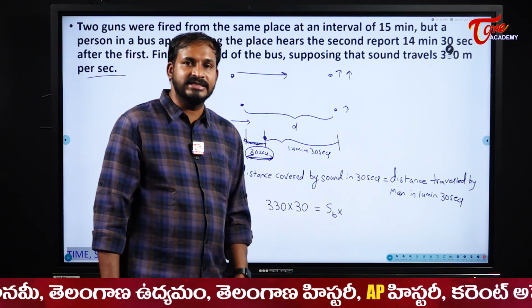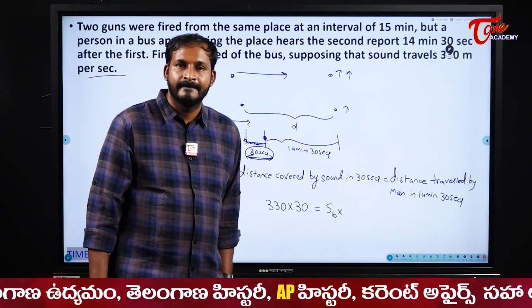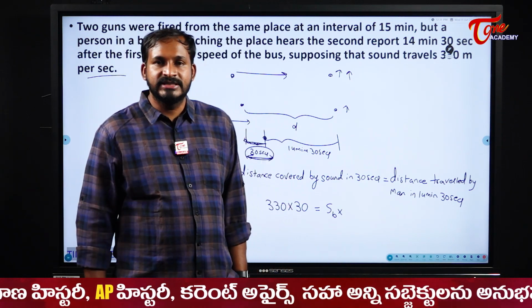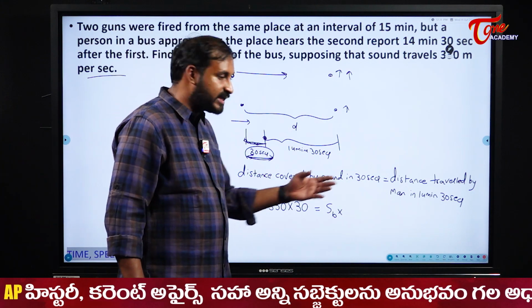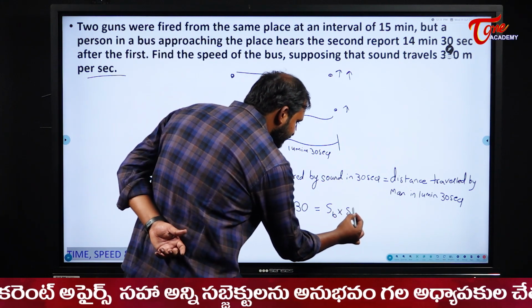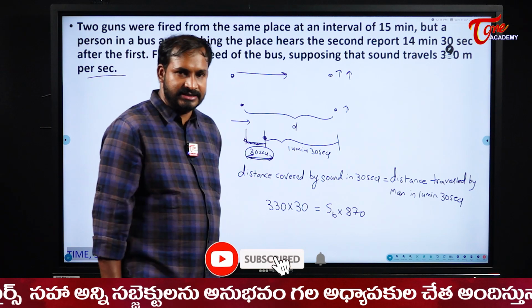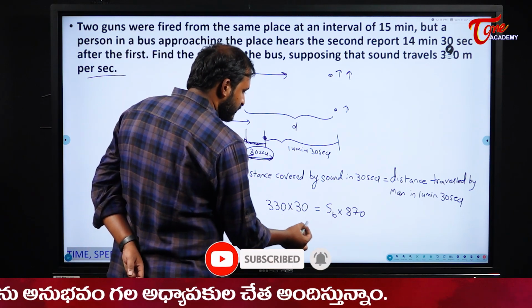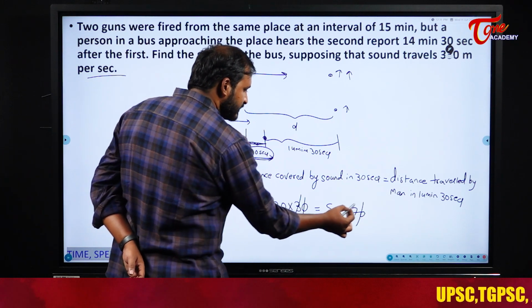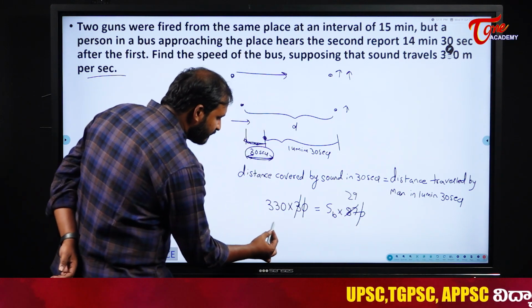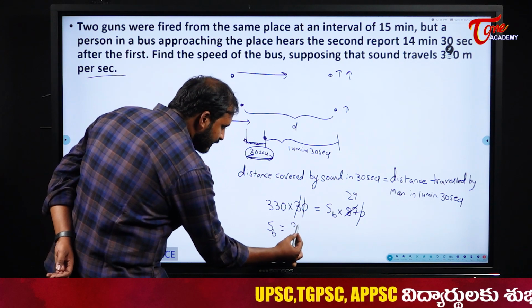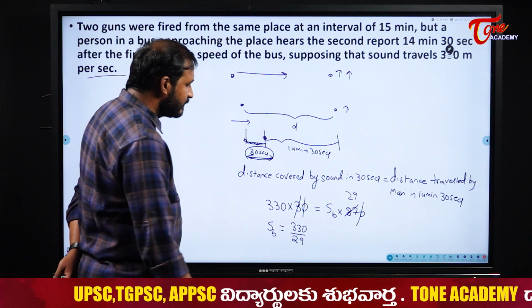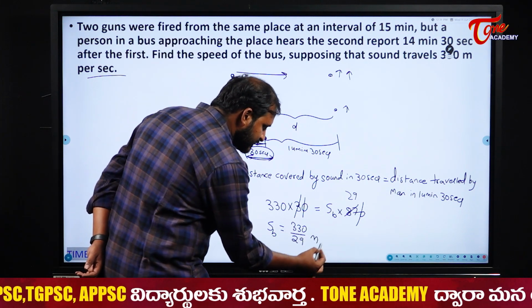So 14 minutes 30 seconds, how much will it become, students? 14 into 60 is 840 seconds, and 30 seconds, so total 870 seconds. So what does it become, students? The zeros get cancelled, 3 ones are 3, 29s are 870. So the speed of the bus will become what? 330 by 29 meters per second.